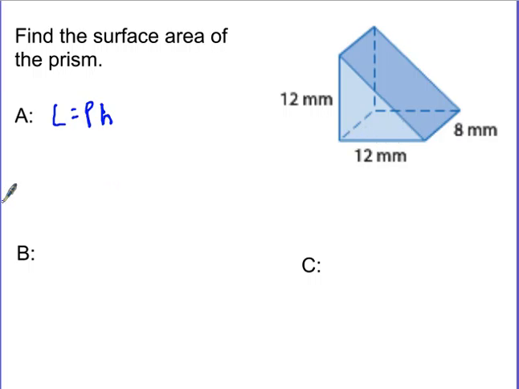And since it's isosceles, it's got to be 45, 45, 90. So 12 times the square root of 2 would be this distance. So we're going to have 12 plus 12 plus 12 times the square root of 2.